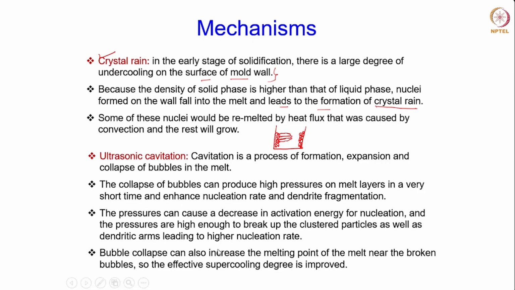Okay, so all these conditions created by the ultrasonication are conducive for grain refinement in various ways, either through a decrease in the activation energy, or through an increase in the nucleation rate by having more heterogeneous nuclei in the form of these particles or the broken dendritic arms, or also in the form of a higher degree of supercooling.